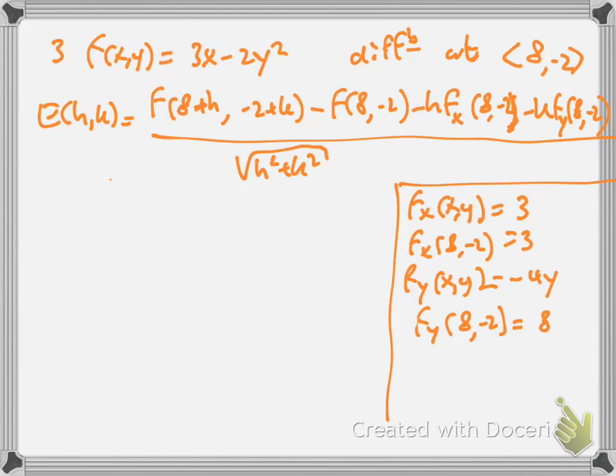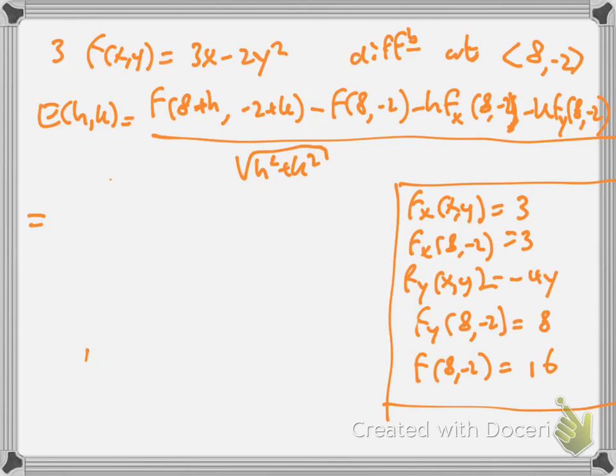And then we need the function itself in the point. So f in the point (8, minus 2), that's equal to 24 minus 8, which is equal to 16. So it's always useful to start with computing this, and then we can just plug everything in.